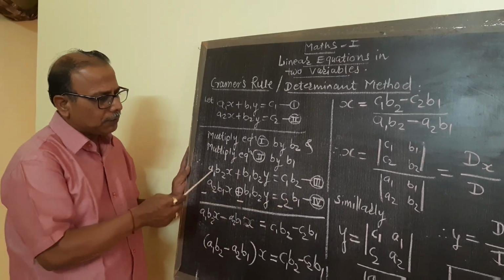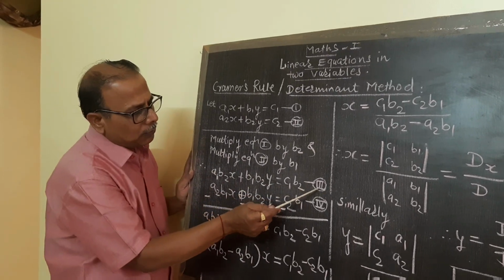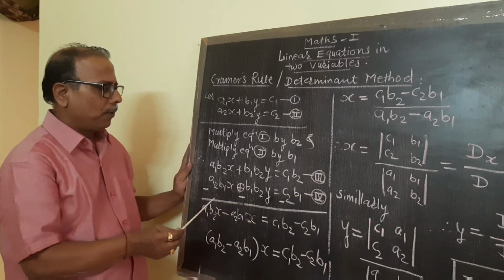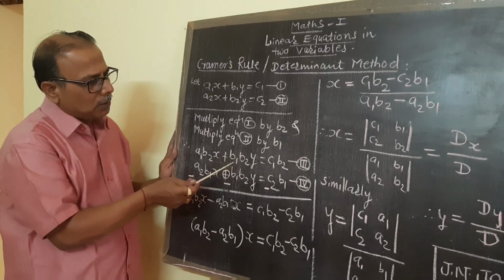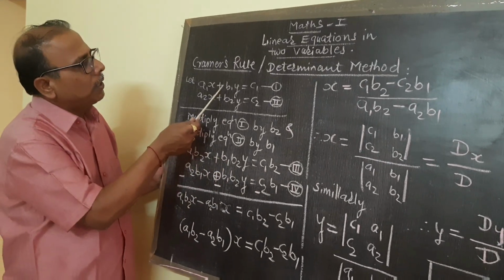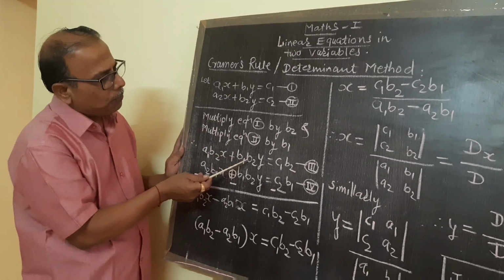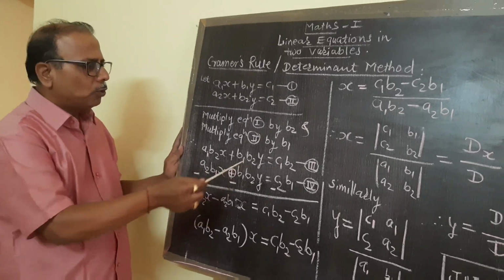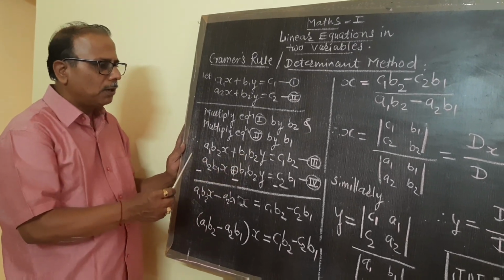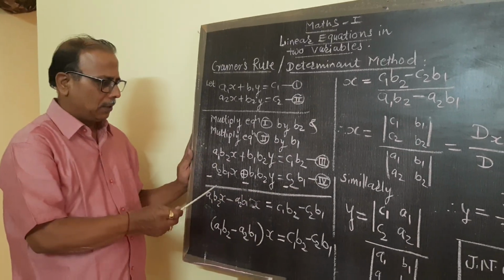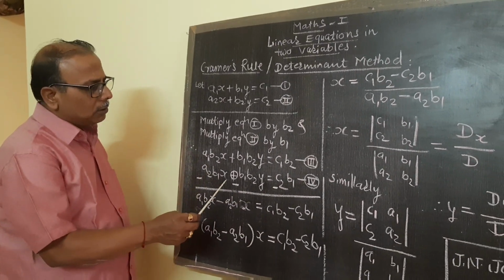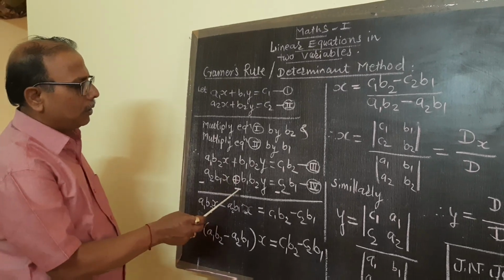After multiplication, these are equation 3 and equation 4. To eliminate the y variable, because we have equated the coefficient of y, we should subtract equation 4 from equation 3.